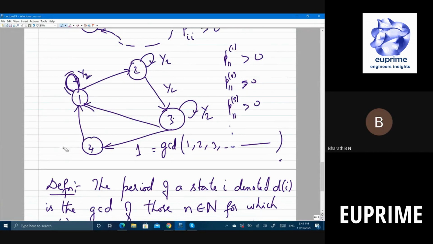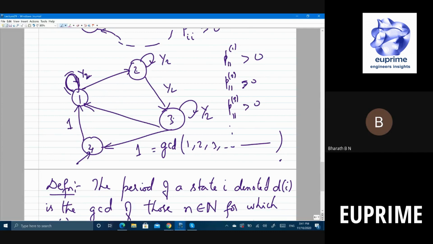So let's make this 1 here. What is the period of state 4? See, if I start at 4, I can only go to 1. If I start at 1, I can go to either 1 or 2, right? If I go to 2, I can only go to 3, or I can stay back at 2.